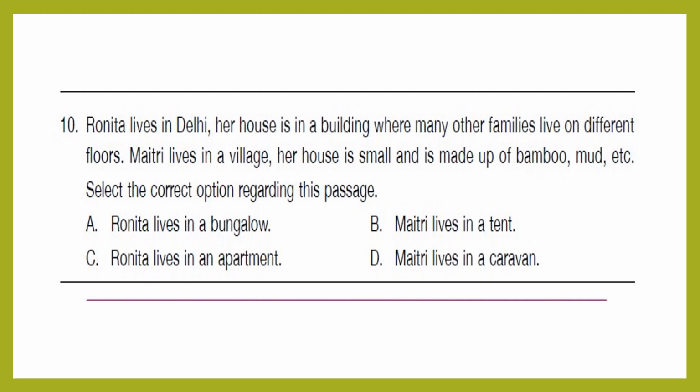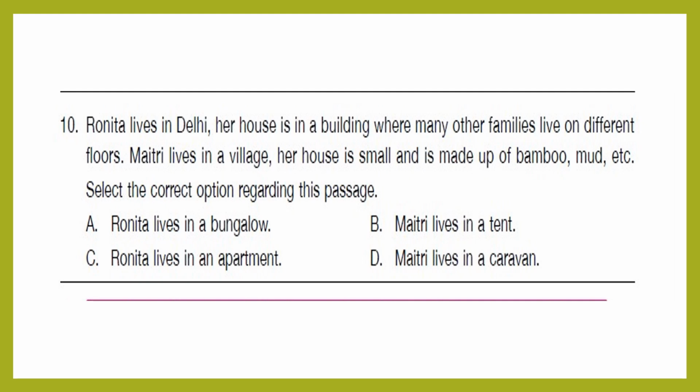Question number 10. Ronita lives in Delhi. Her house is in a building where many other families live on different floors. Maitri lives in a village. Her house is small and is made up of bamboo, mud, etc. Select the correct option regarding this passage. Option A, Ronita lives in a bungalow. B, Maitri lives in a tent.